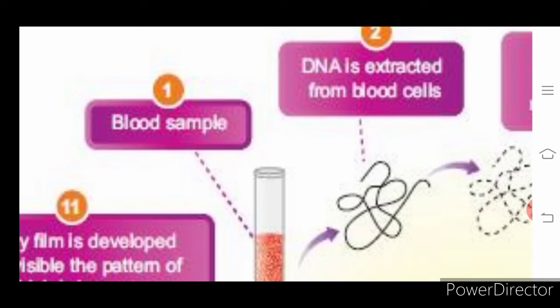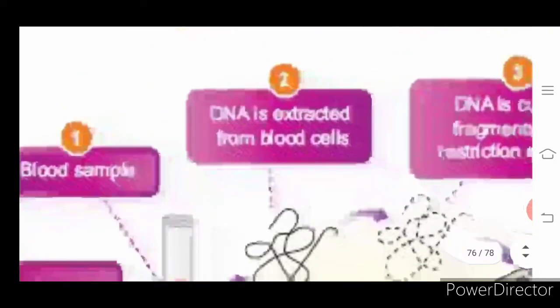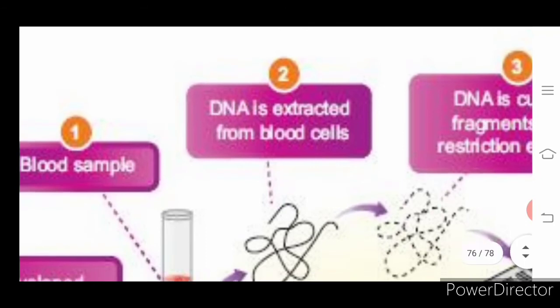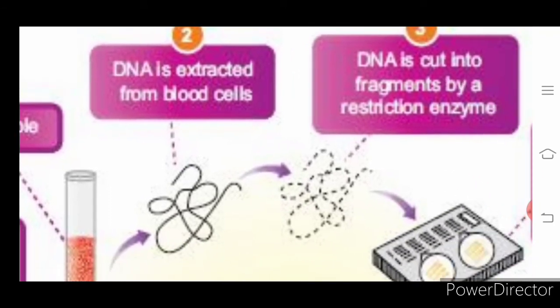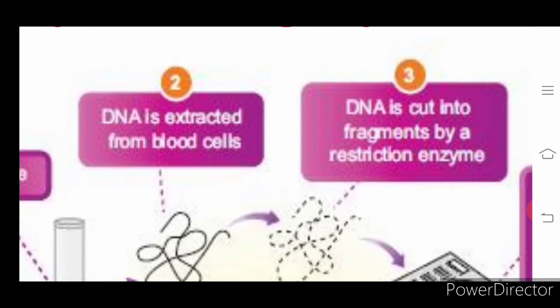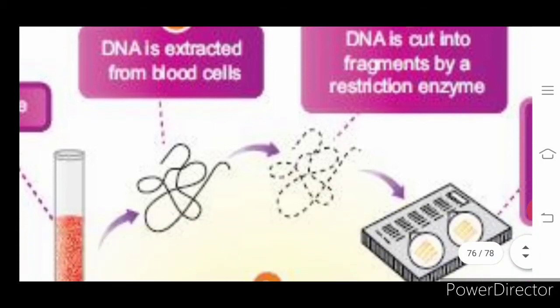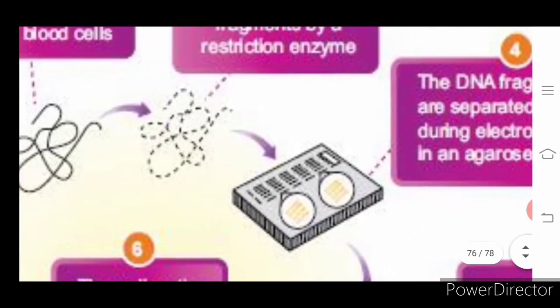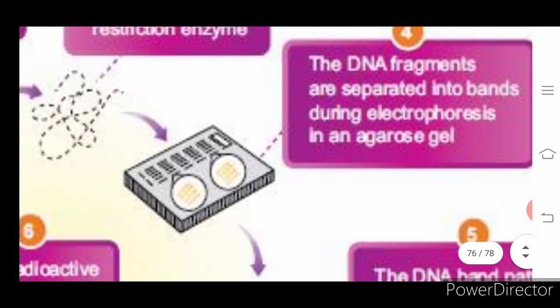First we have to take the blood sample. As you know, blood contains cells, and cells contain chromosomes. DNA is extracted from the blood. Once you extract, it should be cut into fragments. What is a fragment? Small bits. That is done by restriction enzyme. Once it is made into small bits, DNA fragments are separated into bands during electrophoresis in an agarose gel.